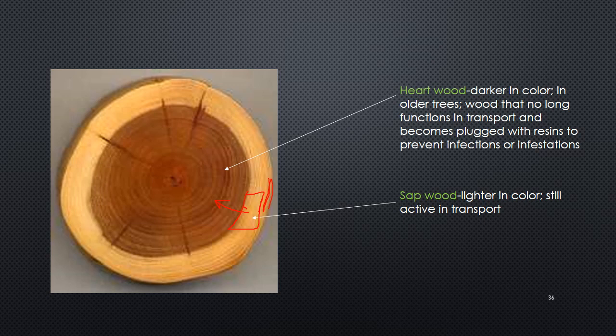And in order to prevent infestations or infections, the tree plugs those vessel elements with resin to make sure that bugs don't make a home. So if you've ever heard of fat wood, which lots of people use for starting fires, that is the heartwood of a pine tree because it has all that resin that can be highly flammable.